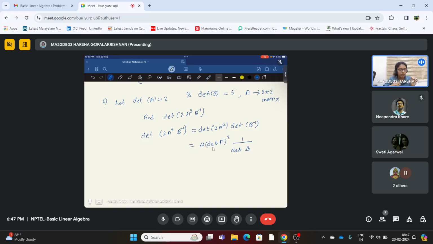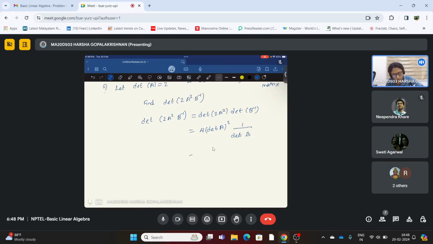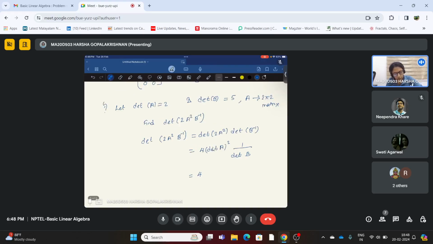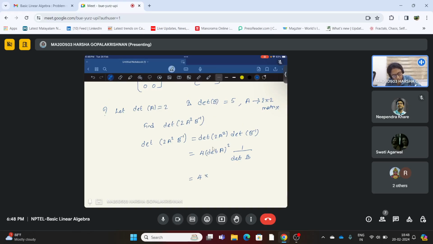As I told earlier, when taking the determinant, from the first row one 2 will come out, and from the second row again a 2 will come out. So 2 times 2, that is 2 squared, times the determinant of A into the determinant of A, and the determinant of B inverse is 1 by the determinant of B. So in total we get 4 into the determinant of A, which is given as 4, and 1 by 5, so 16 by 5.